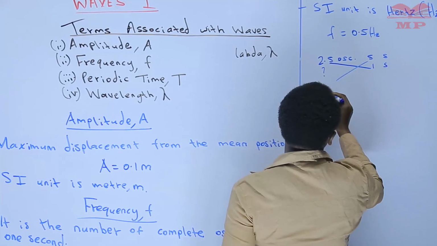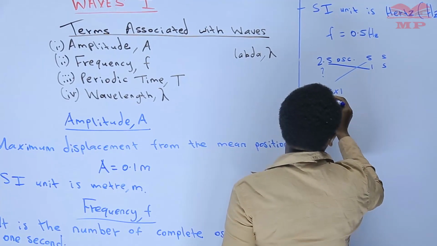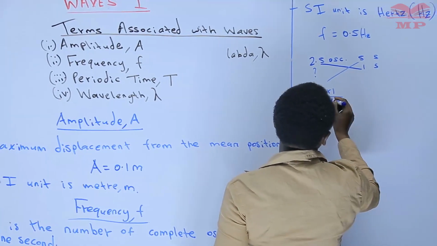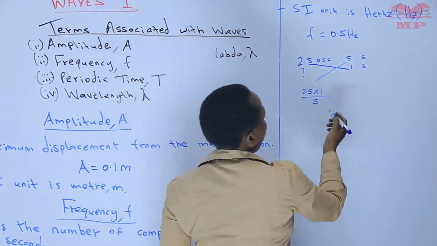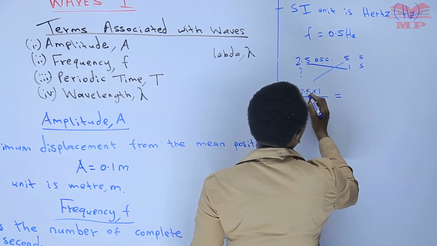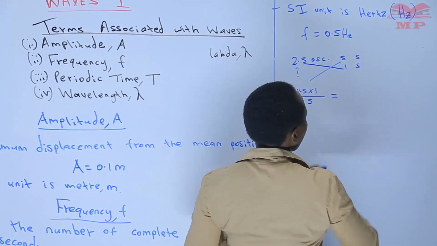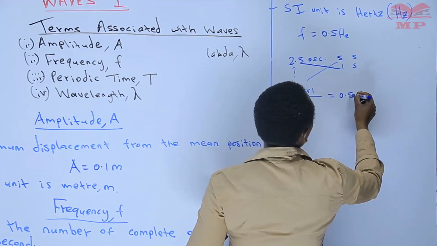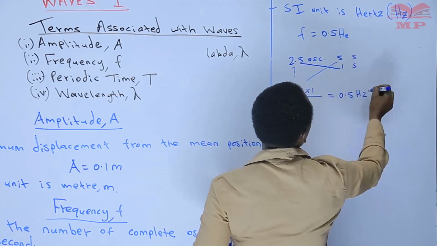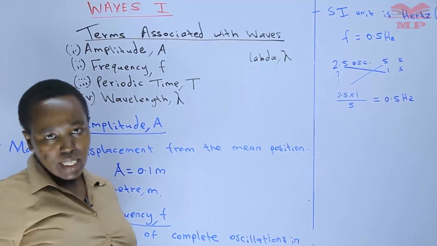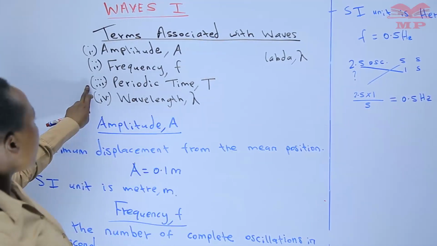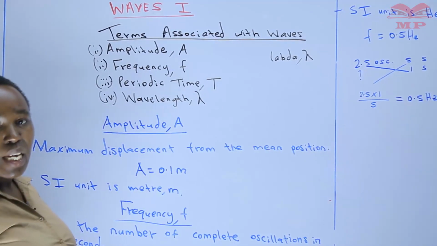We have 2.5 times 1 divided by 5. This will be the same as 25 divided by 50, which is 0.5 hertz. So that is what we refer to as frequency. Let's move on and look at periodic time.